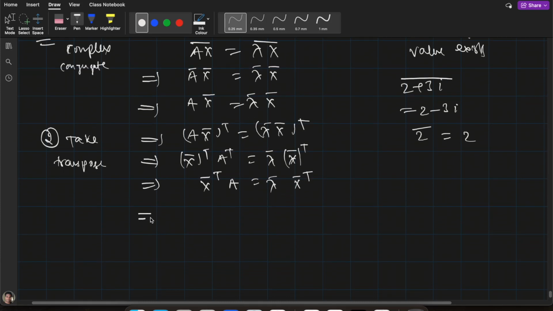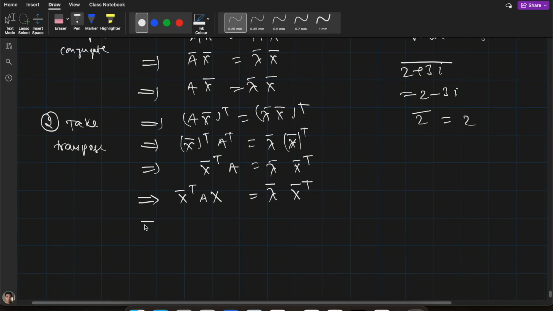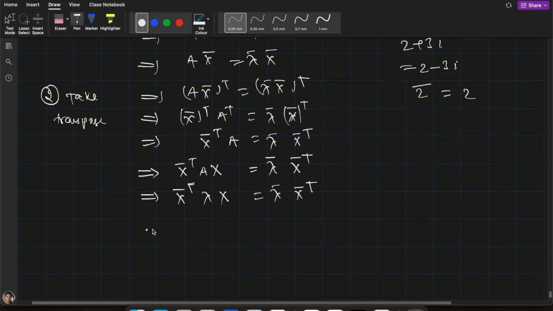Now multiply with x bar both sides. So it will become lambda x equal to lambda bar x transpose. Move this side.